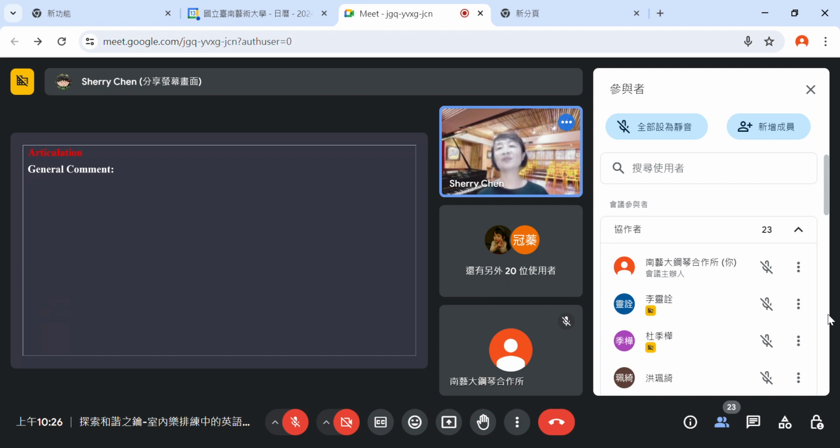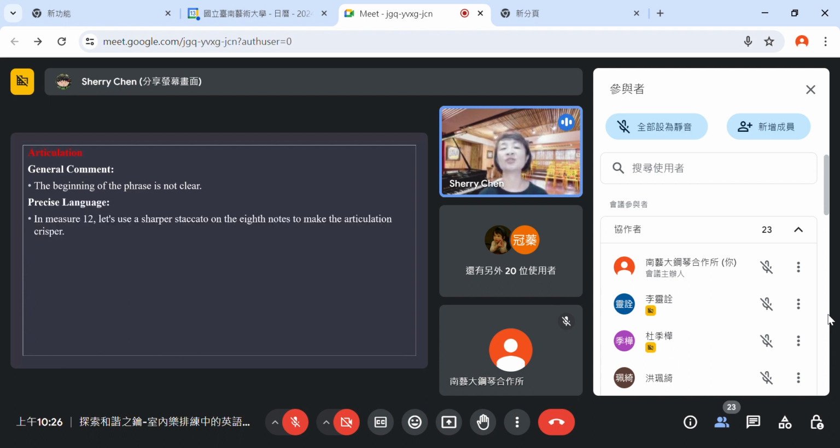So 如果是一般的 general comment，你可能讲说 the beginning of the phrase is not clear，OK，就是这个一开始的这个 phrasing 不清楚，OK。那如果是 precise，如果是更精确的语言的话，你就可以讲说 in measure 12, let's use a sharper staccato on the 8th note to make the articulation crisper. 所以在这个地方，你有讲出这个地方第12小节的 staccato on the 8th note 8分音符，然后要把这个8分音符的 staccato 要再更清脆一点点。好，所以跟第一句话我们讲 the beginning of the phrase is not clear，这个当你听到这句话的时候，你可能会说 What?